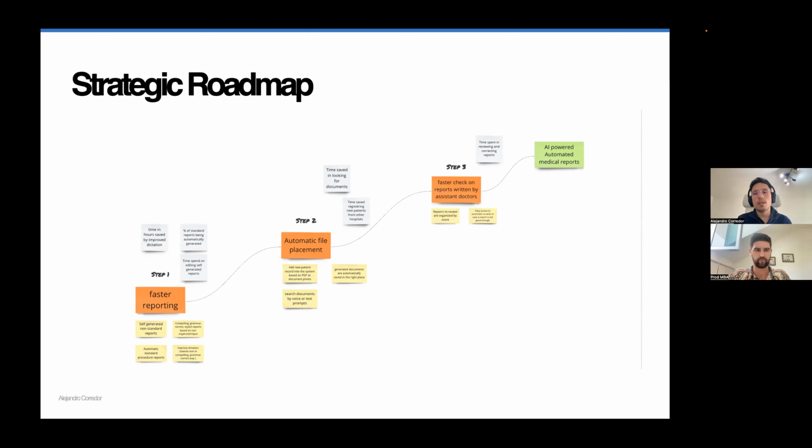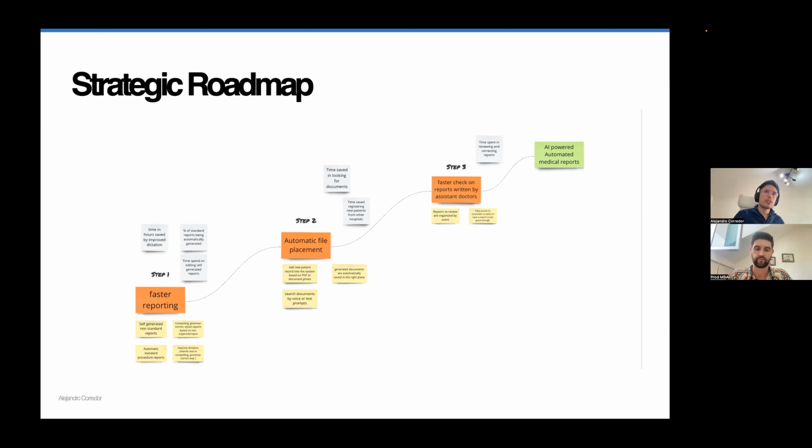And of course, this faster reporting needs to be measured to be sure that we are moving towards the goal. So here we have, for example, 3 different key metrics that we can follow in order to do that: time in hours saved by improved dictation or self-generation of the reports, the percent of standard reports being automatically generated, and the time spent editing the self-generated reports. All of that will provide us a really good view of how accurate and how performant our reports are.